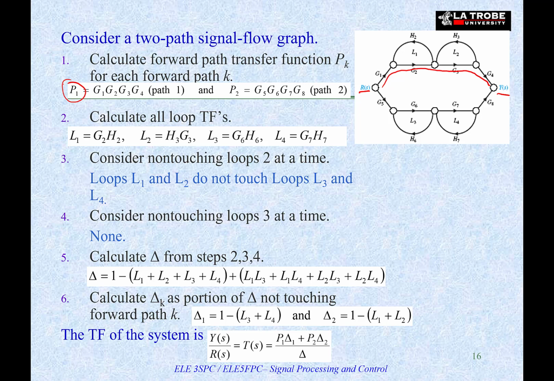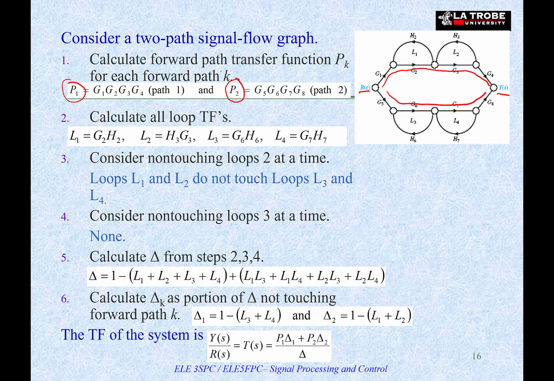We also have a second path to go from input to the output. And the second path is this path, and we call it P2.